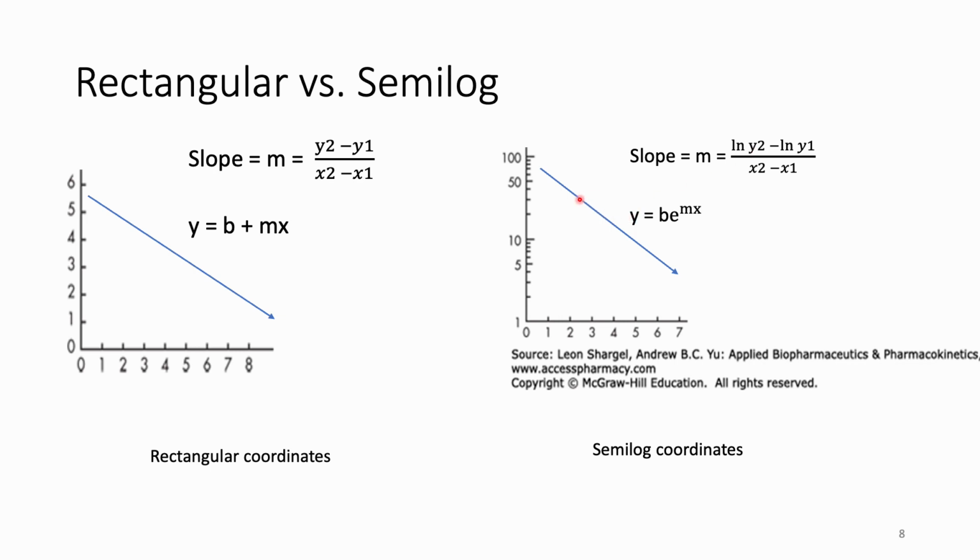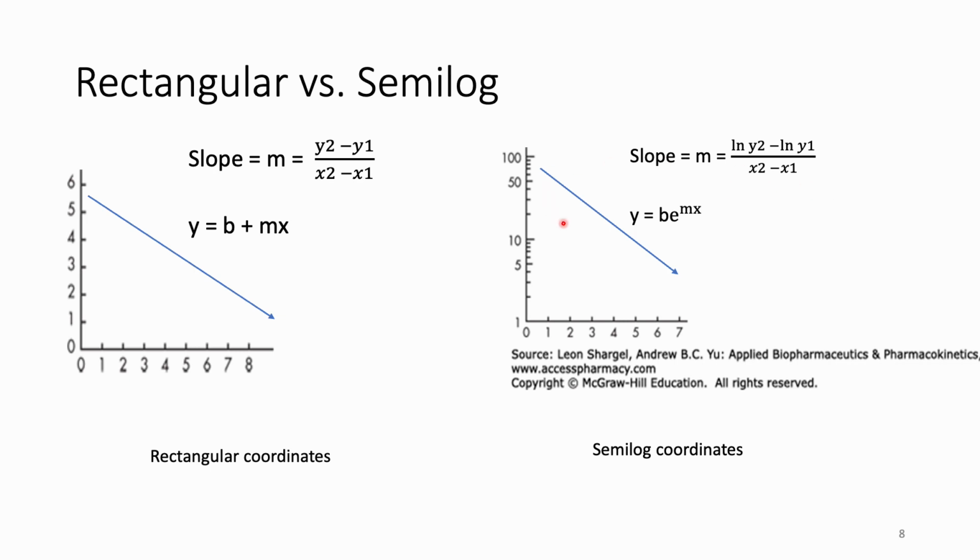For any two time points, x1, y1 and x2, y2, the slope is the natural log of y2 minus the natural log of y1, divided by x2 minus x1. Because it's decreasing, the slope always has a negative value.